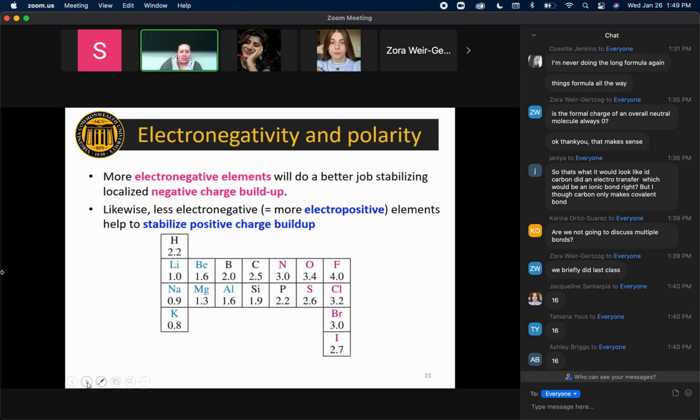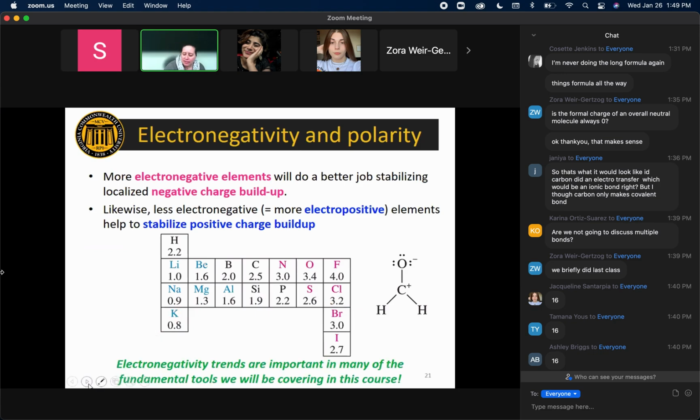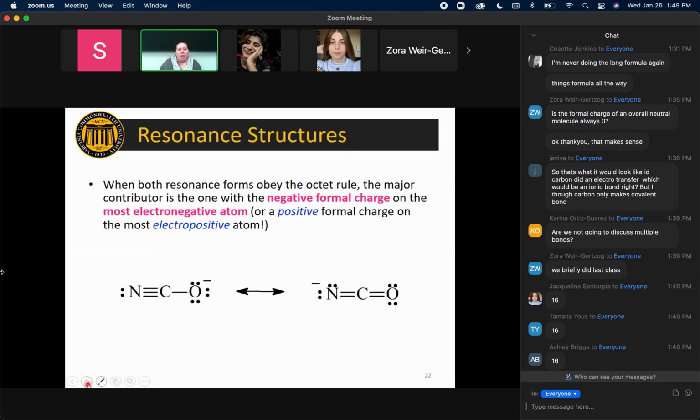So what that means is that if you have a formal charge, you want to put your negative formal charges on the atoms that are more electronegative, and positive formal charges on the atoms that are more electropositive when you have to make a decision. Okay, so these electronegativity trends are really important. They're going to be very fundamental for many, many, many aspects of the course.